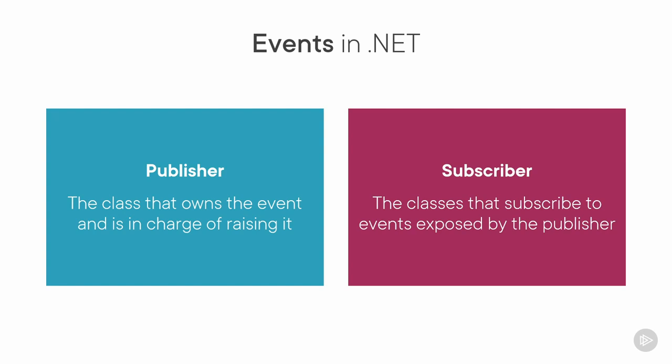The publisher owns the event and makes sure that anyone that's interested in this event will be notified. The subscriber can be anyone that is interested in when this event occurs.